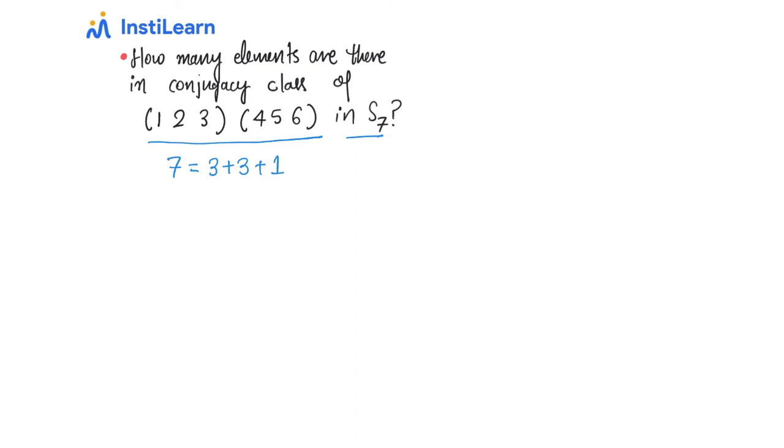If you want to count, again n1 is 1 and n3 is 2. So then it will be 7 factorial divided by 1 to the power n1 into 1 factorial, and 3 to the power n3 into n3 factorial, which is 2 factorial.